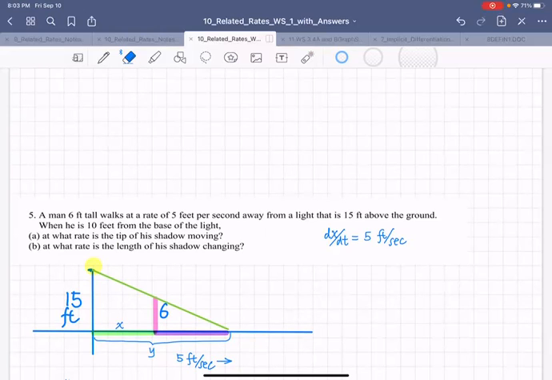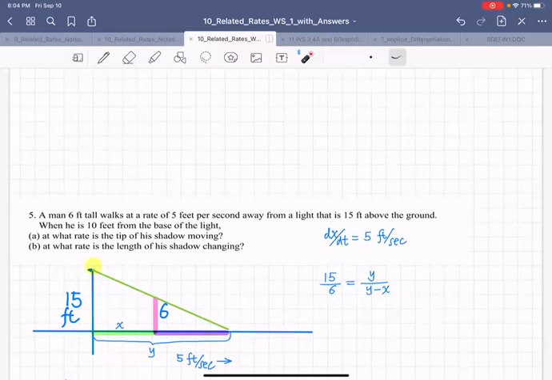15 over y, yes, equals 6 over y minus x. Yes. 15 over 6 equals y over y minus x. There you go.